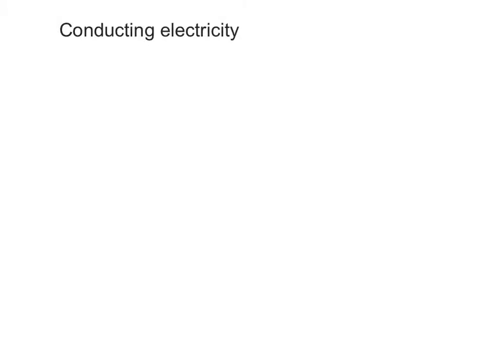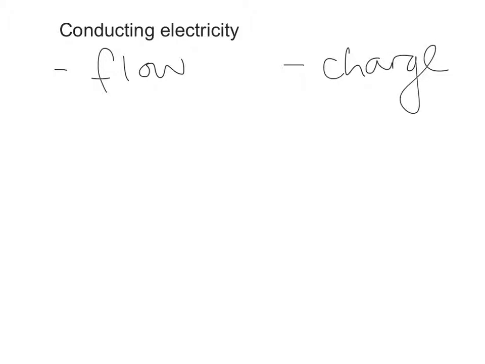The ability of something to conduct electricity relies basically on a flow of charge. So, with regards to simple molecules, they are generally liquid or gases at room temperature, and therefore there is a flow, but the molecules themselves don't have a charge.